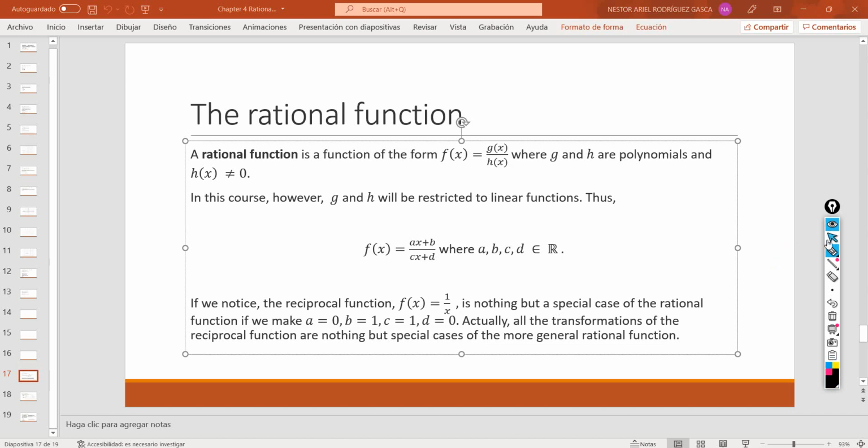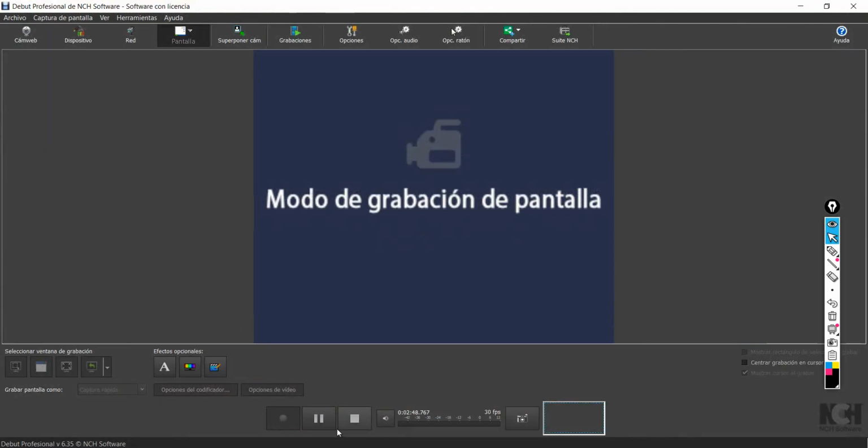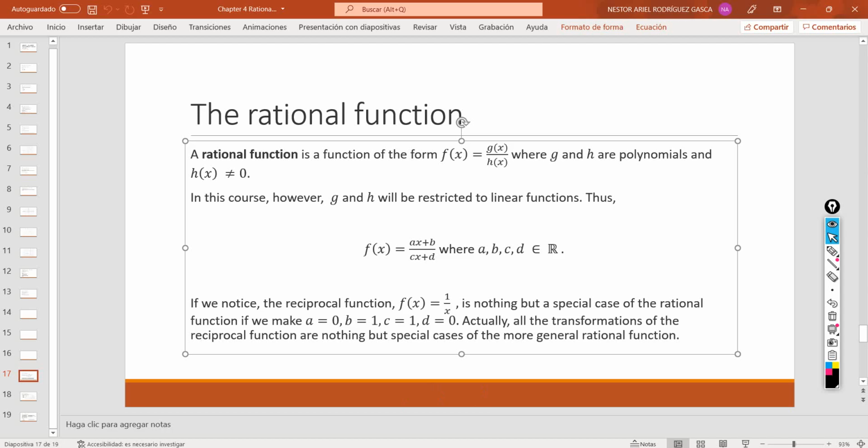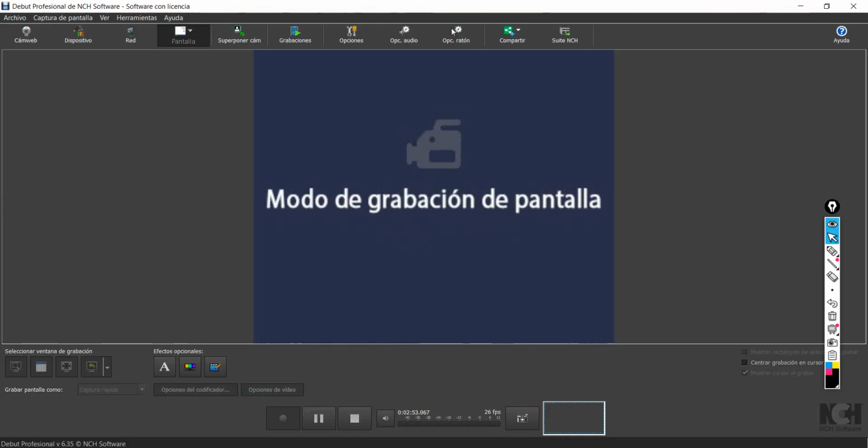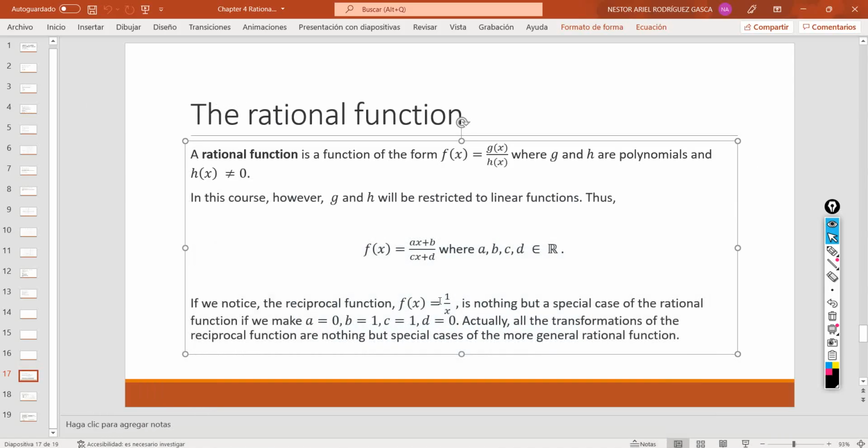Give me a moment, please. Okay, so as I was saying, guys, all the transformations of the reciprocal function, let me write one of those. So for example, you have something like this. We know that this is a transformation of the reciprocal function, right?